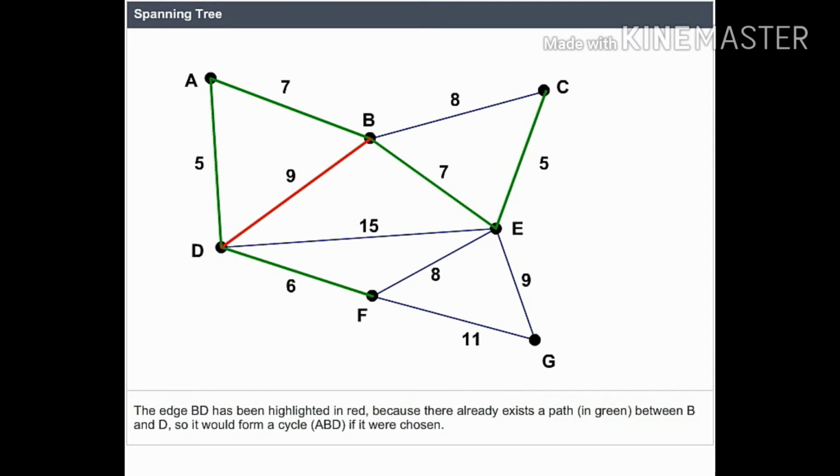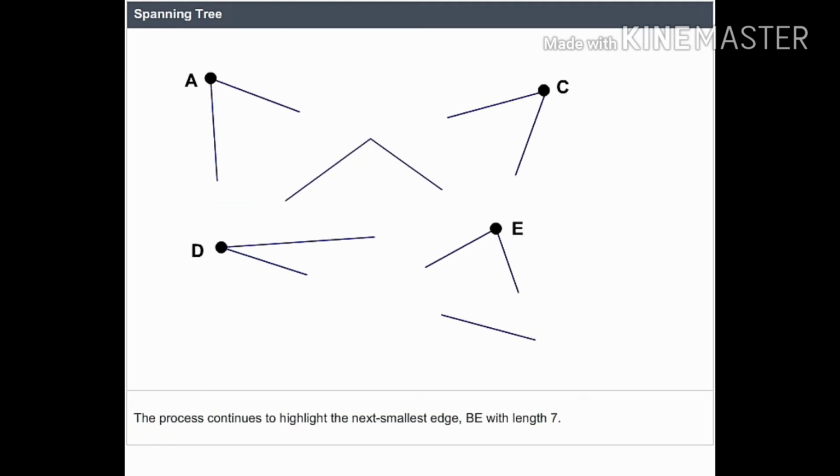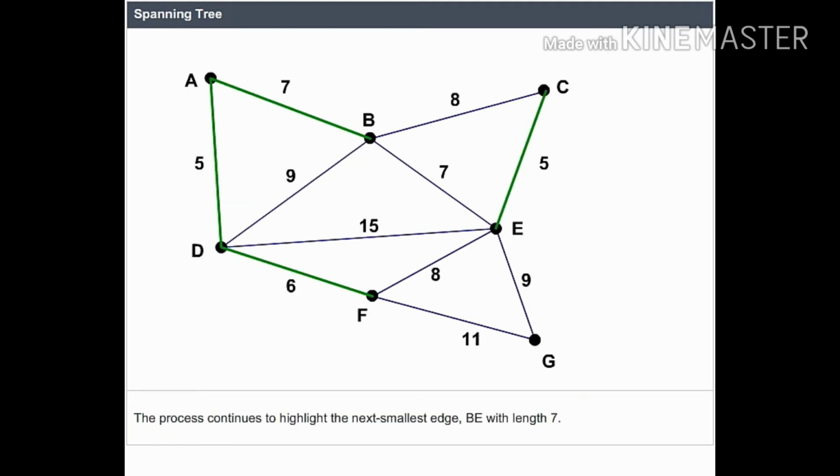The edge BD has been highlighted in red because there already exists a path in green between B and D, so it would form a cycle ABD if it were chosen. The process continues to highlight the next smallest edge, BE with length 7.